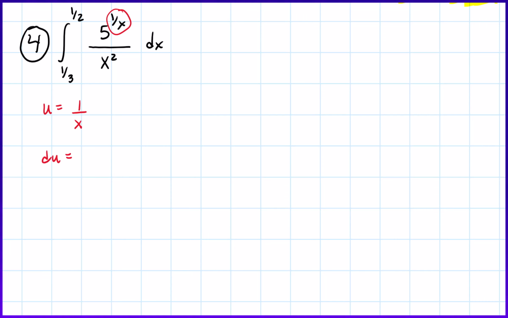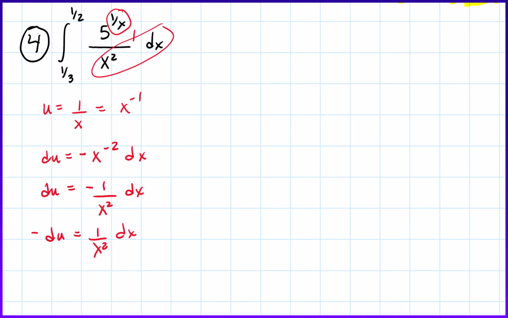Then our du, because that's x to the minus 1, is minus x to the negative second dx. So du is negative 1 over x squared dx, or 1 over x squared dx is equal to negative du. And we have a 1 right here. This is 1 over x squared dx.